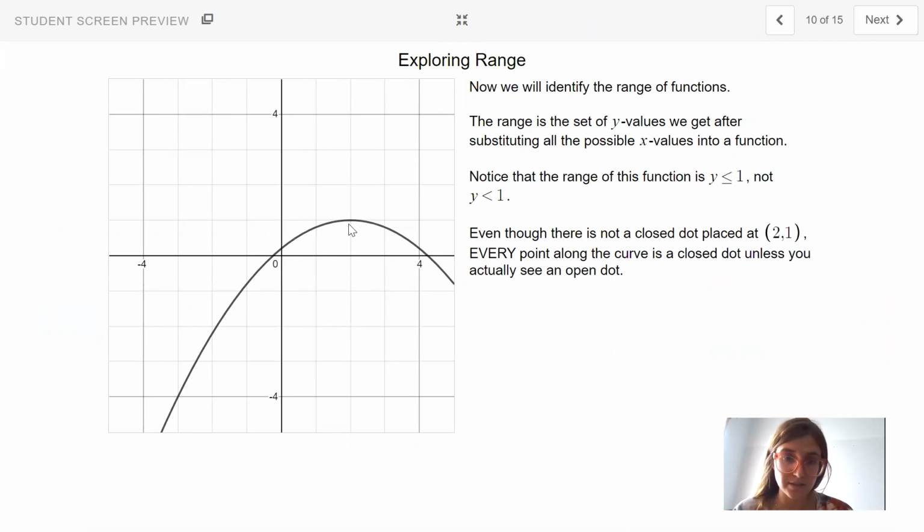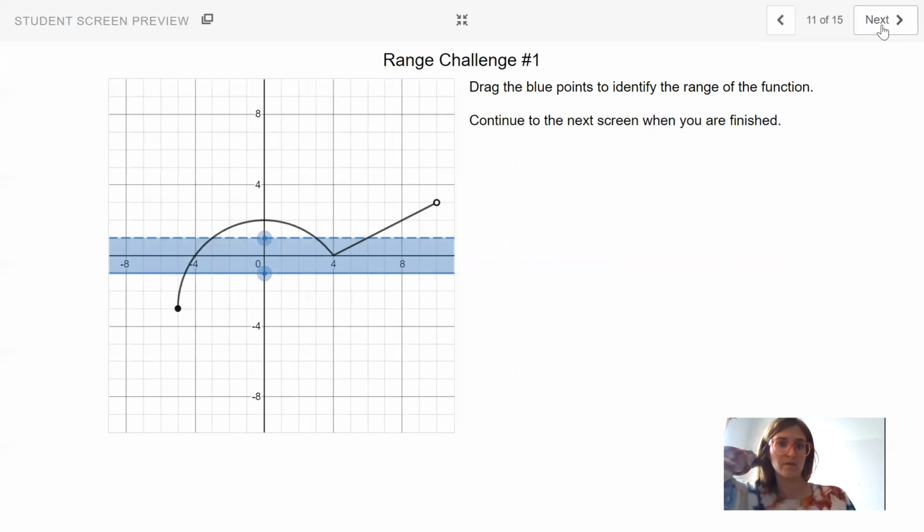Why? Because there is a value where y is equal to 1. When x equals 2, y equals 1. So even though there's not a closed dot placed there, every point along the curve is a closed dot unless you see an open dot.